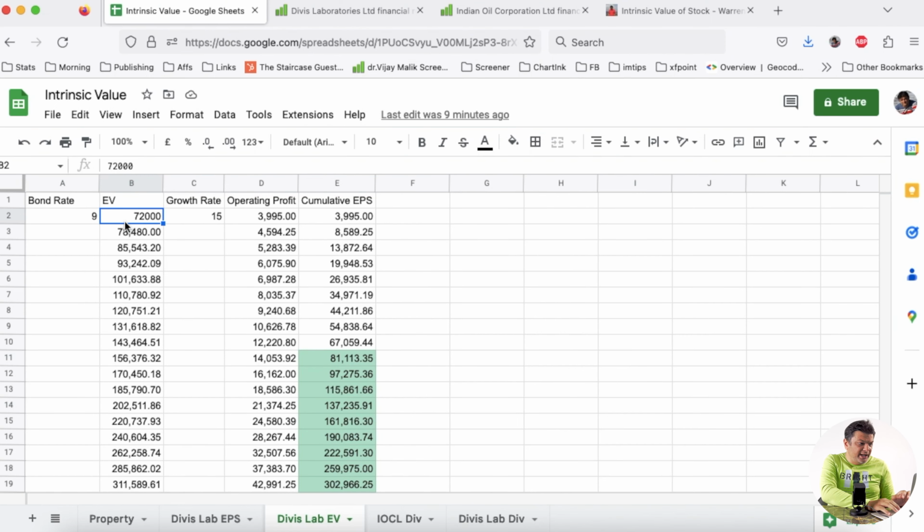So I need extra cash, and whatever cash is in the books or the balance sheet of the business, I can use, because I have purchased the whole business. So the enterprise value means that if I purchase the business and close it, I need to pay the market cap, I need to pay the debt and I can use the cash. That's how enterprise value comes in for any business.